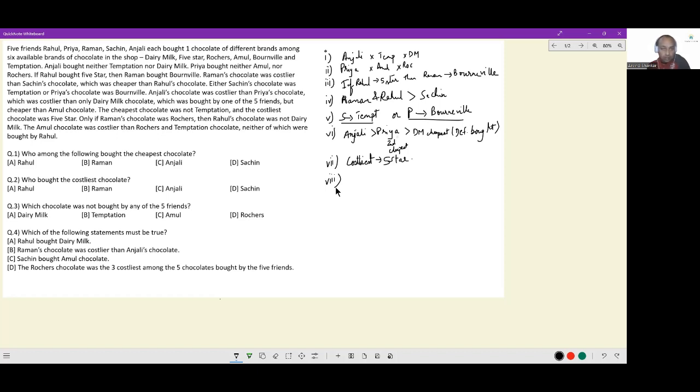Only if Raman's chocolate was Rochers, then Rahul's chocolate was not Dairy Milk. Hopefully, we know the distinction between the "only if" statements.